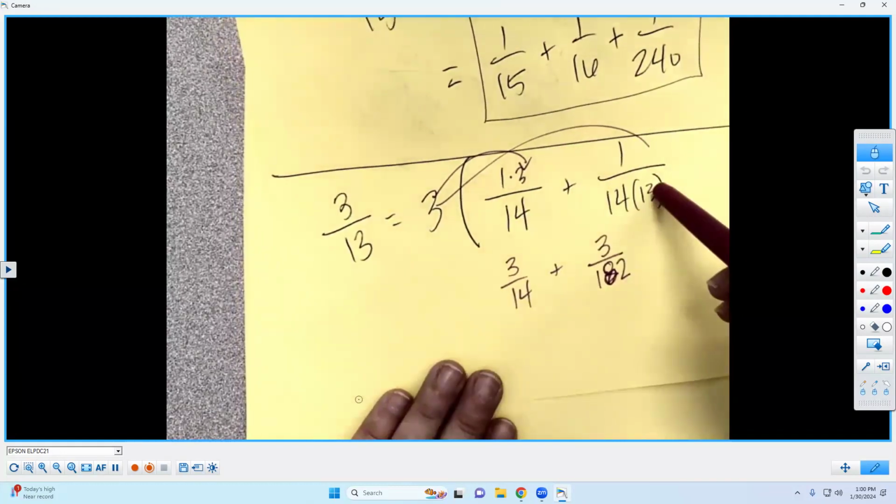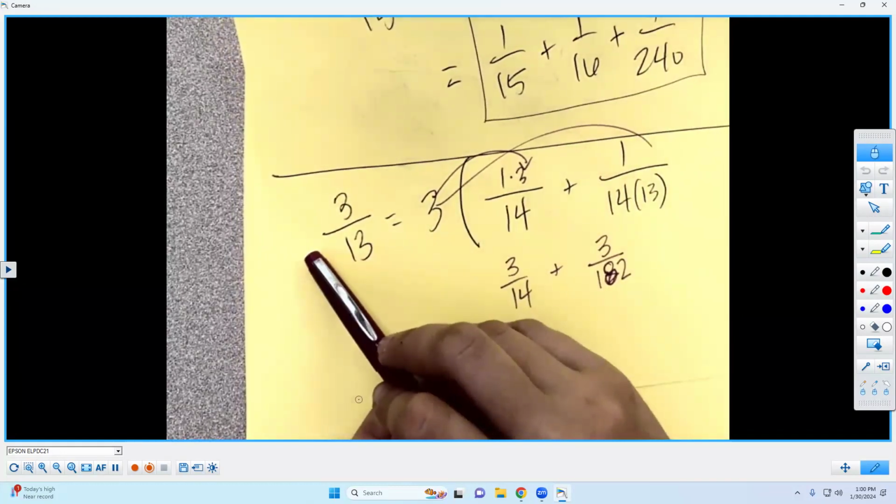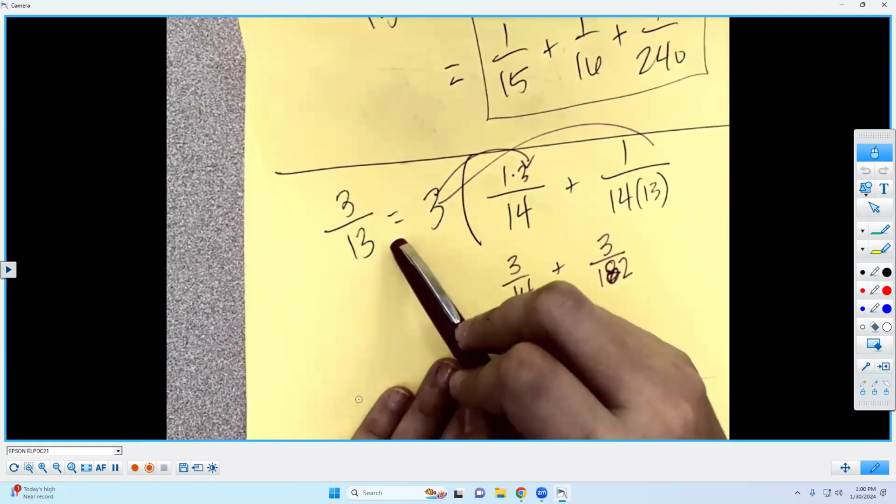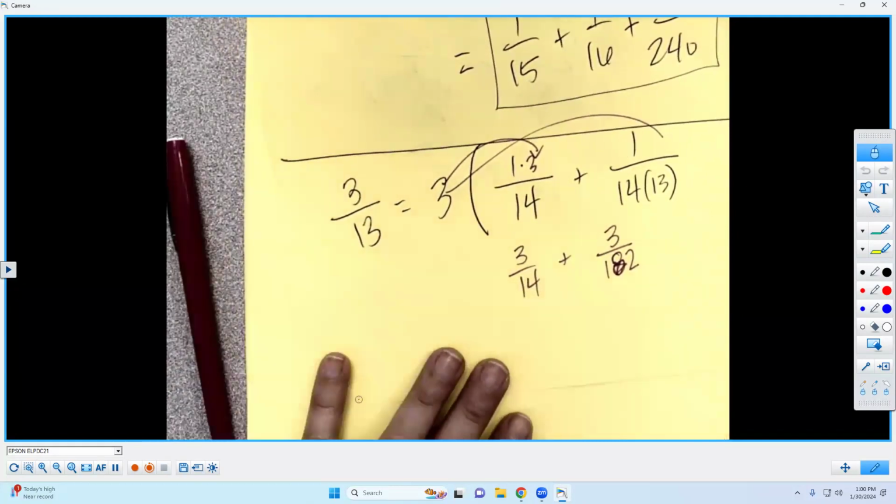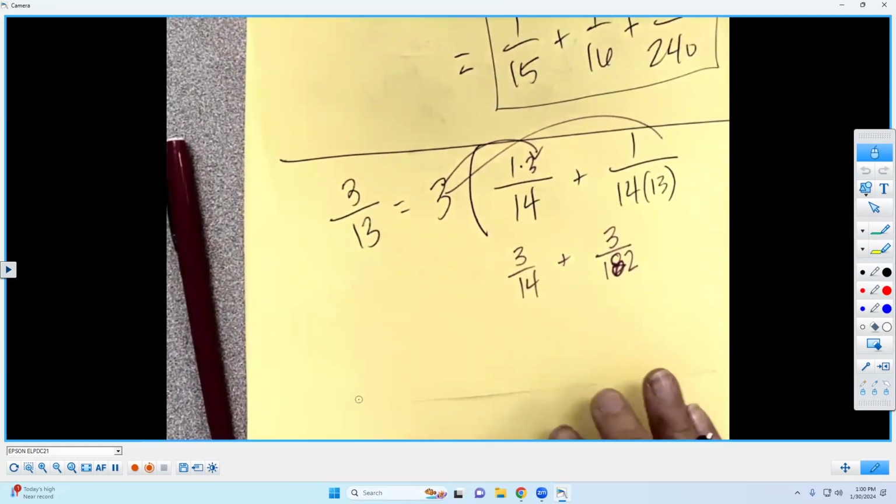So we have some options if it's something other than a 2 on top. There are 2 different ways to do this.